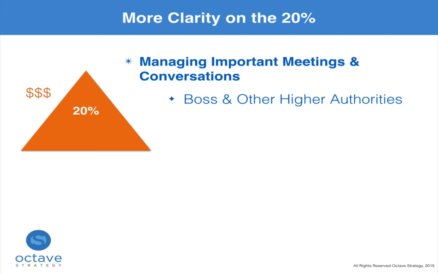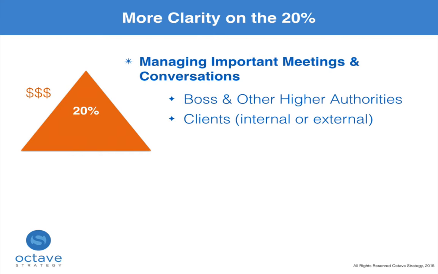It's really about how much value we create during those conversations and meetings. And it goes beyond the boss to when we have contact with other higher authorities within the organization. The same questions will be used to value our inputs and contributions in those discussions. So that's going to be at the highest level of leverage and influence.